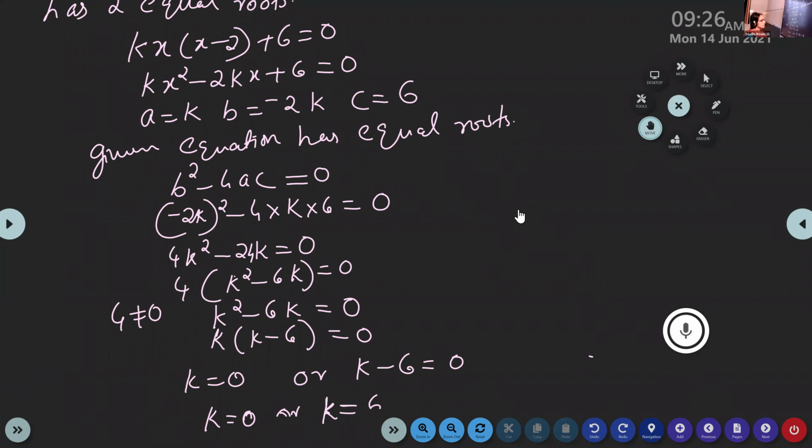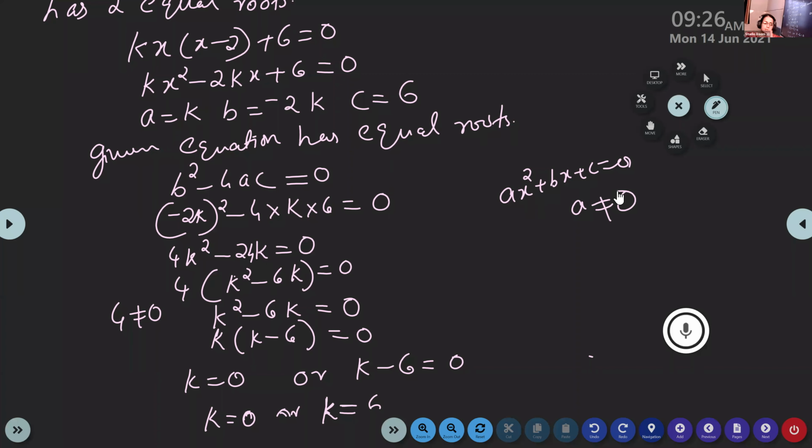Think. Why? Because a should not be equal to 0. That is the standard form. Standard form says ax square plus bx plus c equal to 0 provided a cannot be 0. Here a is k.